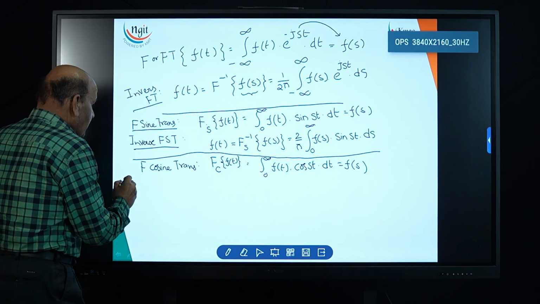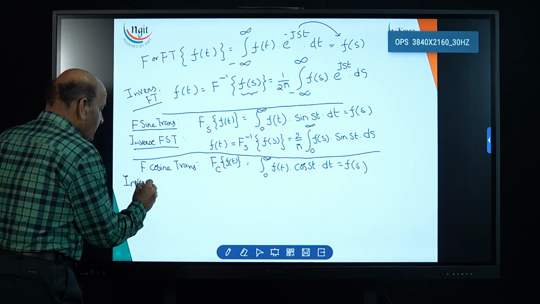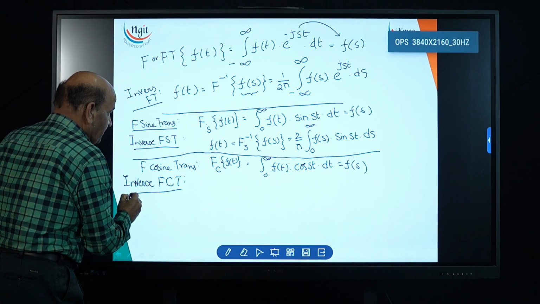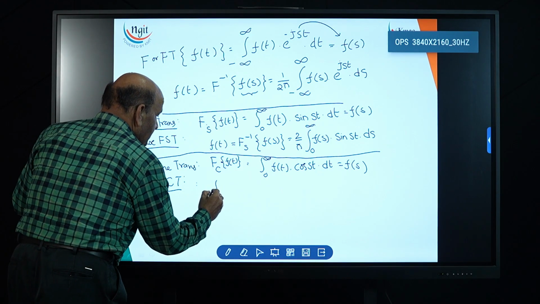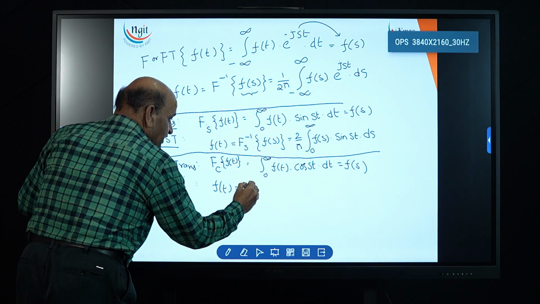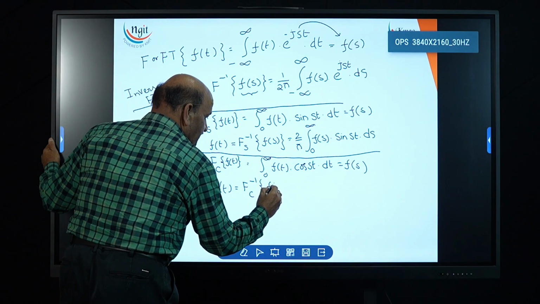Now we have to find the inverse. Inverse Fourier cosine transformation, that is equal to f of t, the Fourier cosine inverse transformation of f of s.